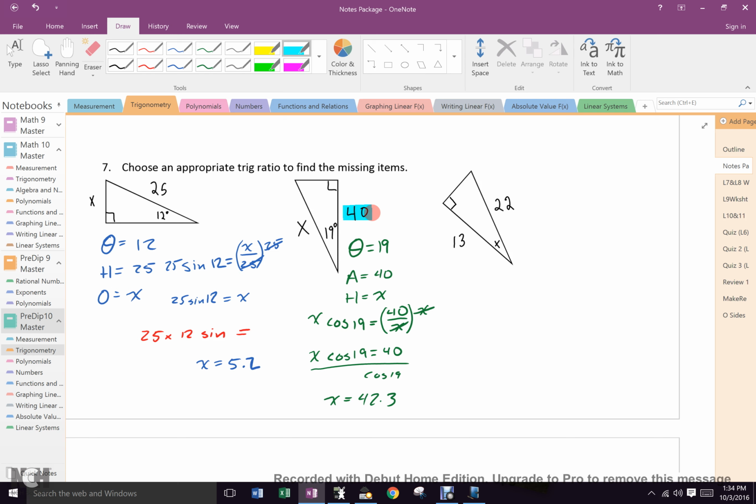If I had a nickel for every kid, including pre-diploma 10 kids, who punched that in wrong and told me that x was shorter than 40, I could quit this job. Because then I say, how can x be shorter than 40? It's the hypotenuse. And they say, and I quote, the calculator said so.